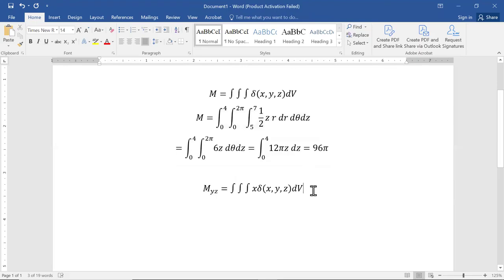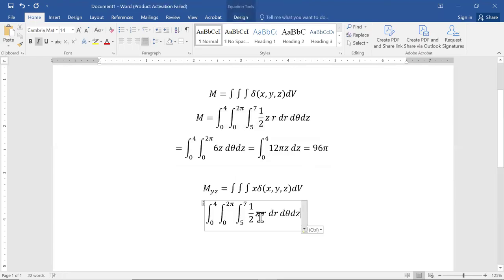When we convert, we're going to put an extra x in here, but because we're using cylindrical coordinates, we know x is r times cosine of theta.